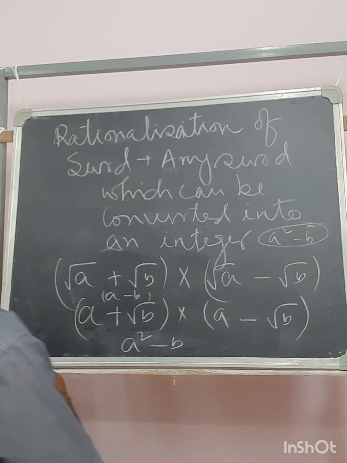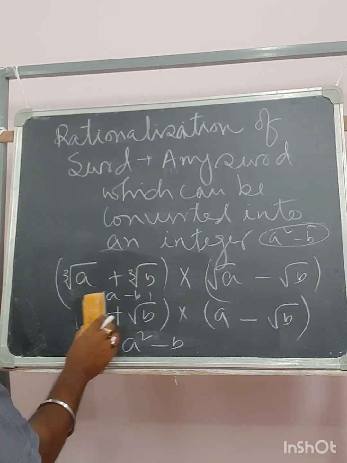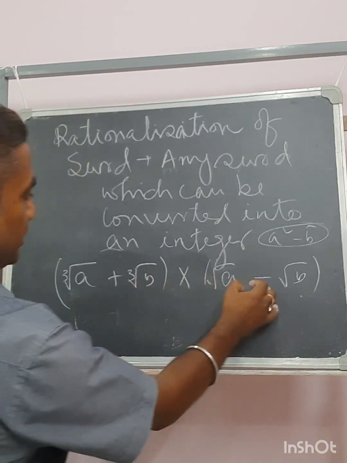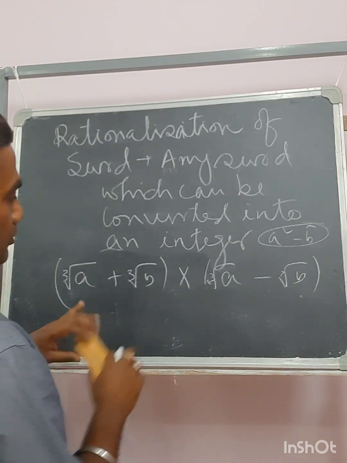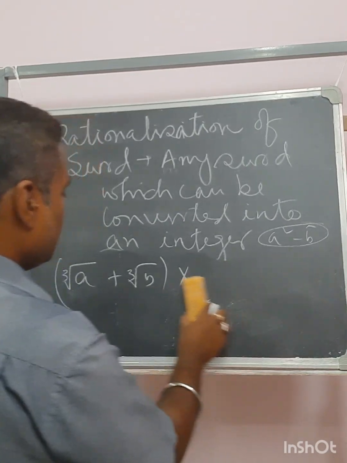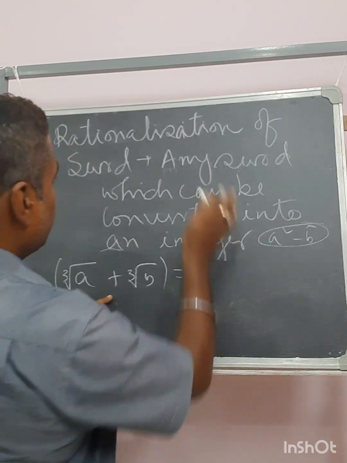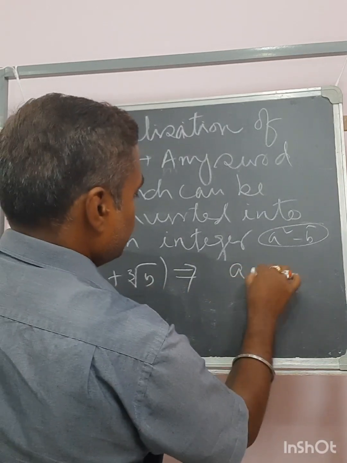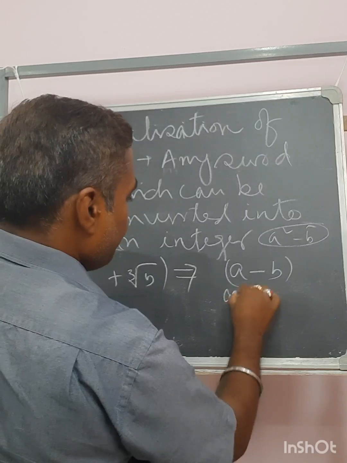But in case it is a cube root, I have to choose the rationalizing factor accordingly, because if I take minus in this one, it will not give you the result to get the integer. So I need to know the nearest rationalized term or integer, because this can be converted into something like a minus b or a plus b.